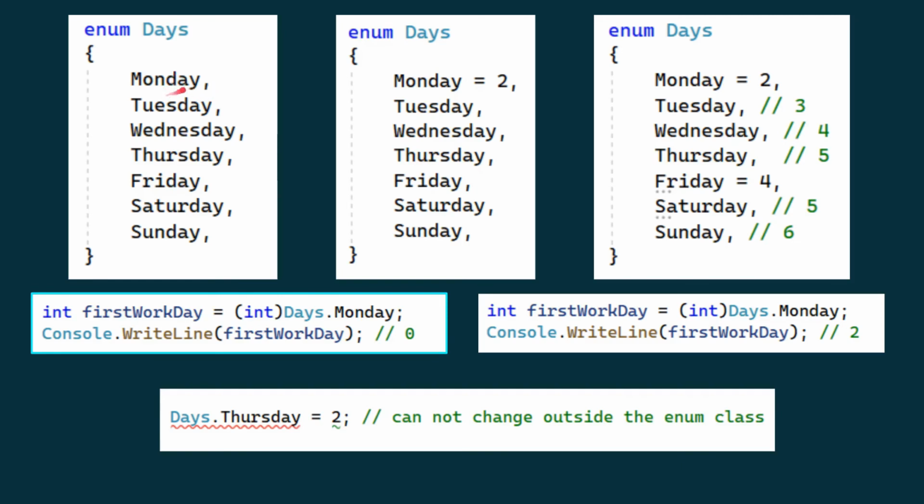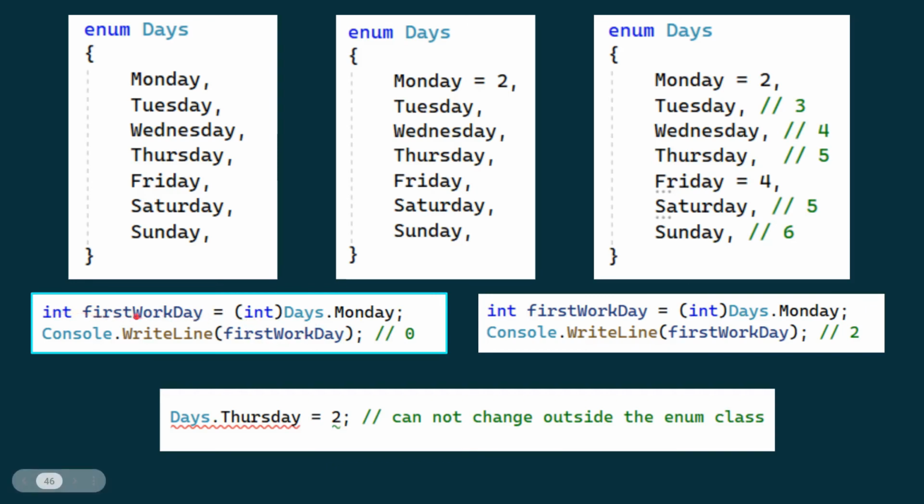The first one is always 0, and then 1, 2, 3, 4, 5, 6. Here Sunday is 6. You can access the data inside your enum using the dot syntax, and it is an integer, but you have to explicitly convert to integer.